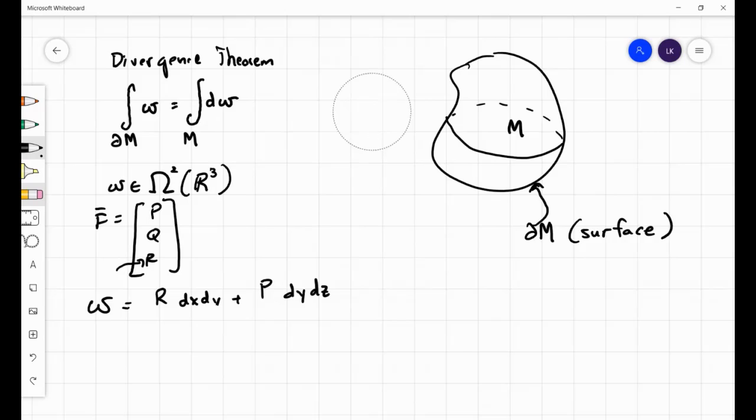But if you have a cube in R3, you think of dx dy as that bottom face in the xy plane, like a differential area. And we just care about the flux, so we care about the component of the vector field that's perpendicular to that, and that's the z component.